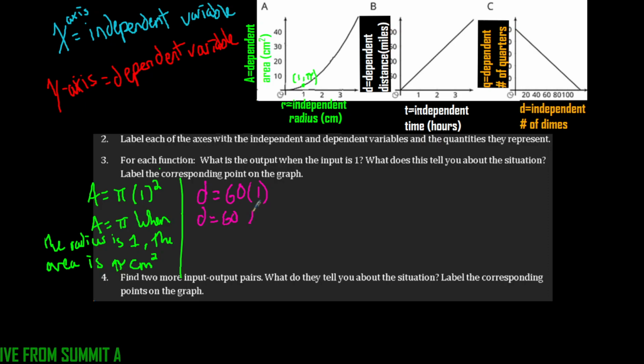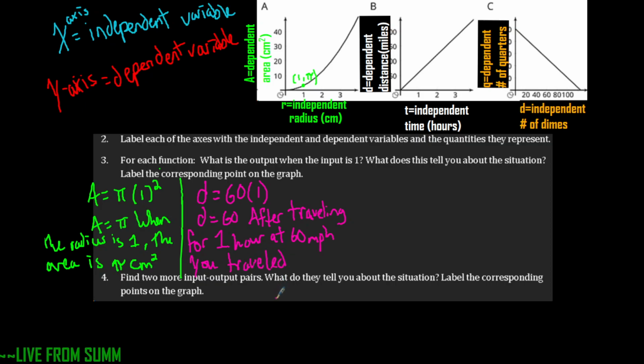We can say after traveling for 1 hour at 60 miles per hour, you traveled 60 miles.